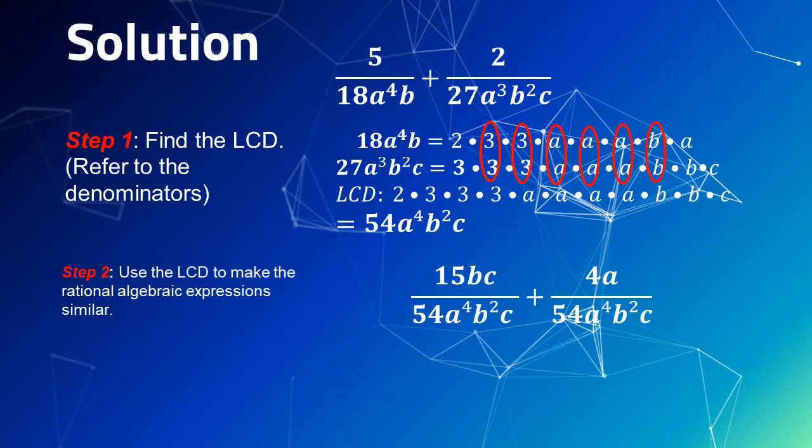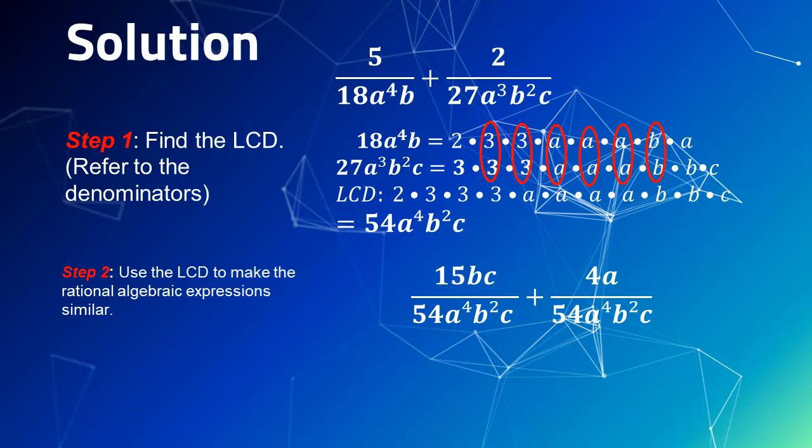Each common factor is counted as 1. This one is not a common factor, there's no pair for it. So we have here b times b times c.